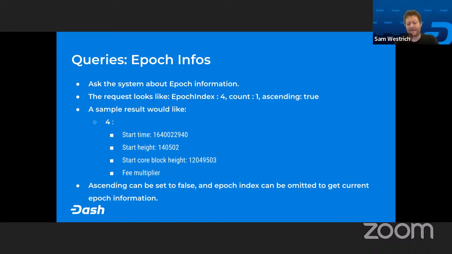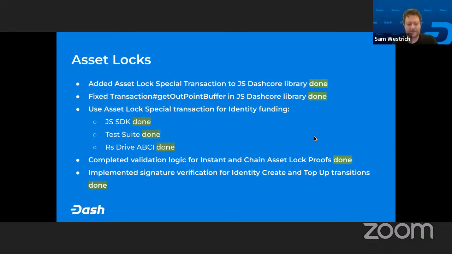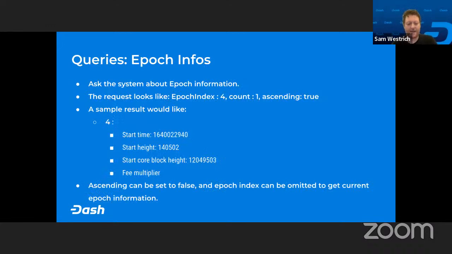It has these 4 fields right now, but we'll most likely add version and a few more fields as time goes on. Ascending can also be set to false. Sorry, one last thing. We could set ascending to false and put no epoch index, and then you will get the current epoch information. So some pretty cool new queries to know information about platform.